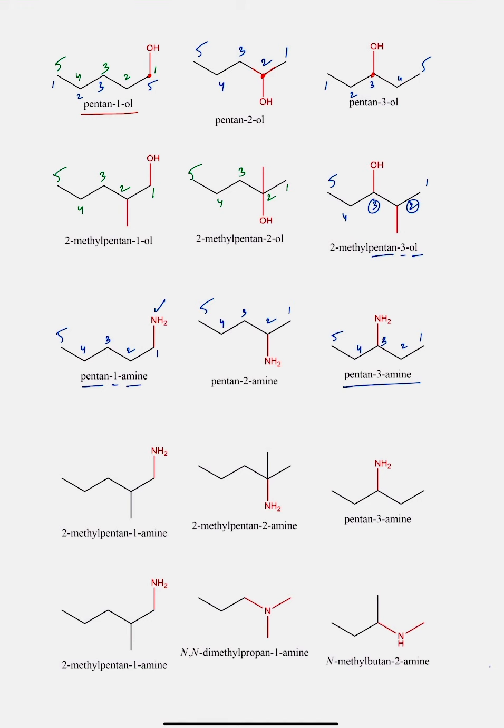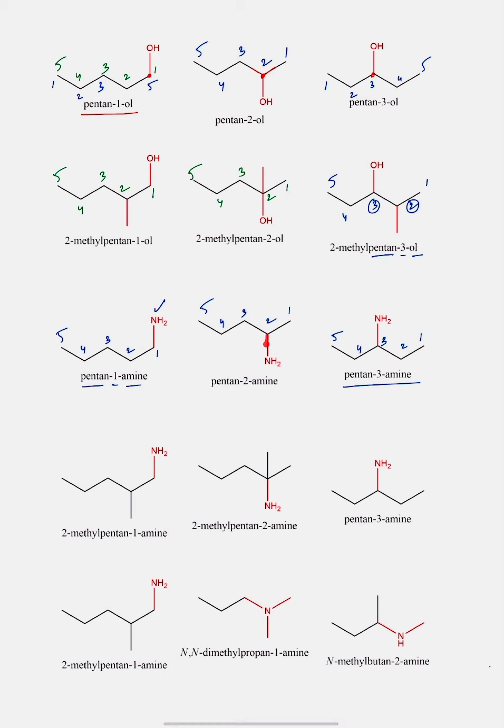Now what do you think is the nature of these amines? Is this a primary amine, secondary amine, or tertiary amine? It's a primary amine. What do you think this amine is? Is it primary, secondary, or tertiary? If you answered secondary, then you're wrong.